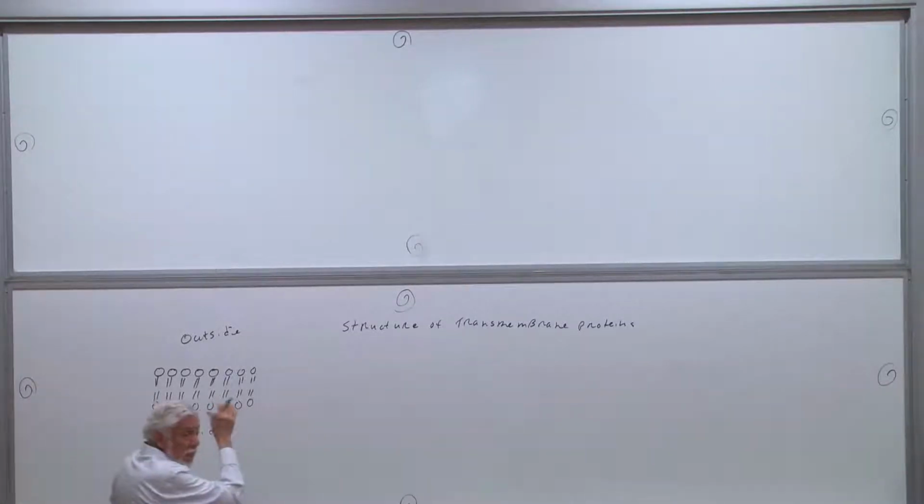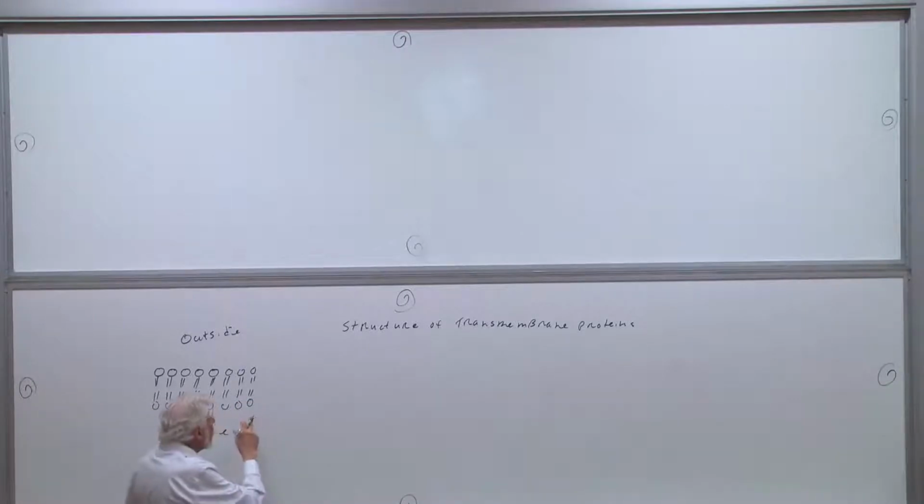But the first question we need to ask here is, how do we manage to put a protein across this phospholipid bilayer? And it turns out that on the inside we can have down here the amino terminus.